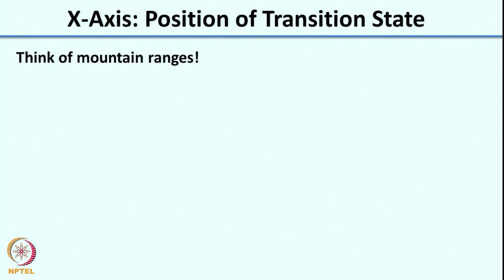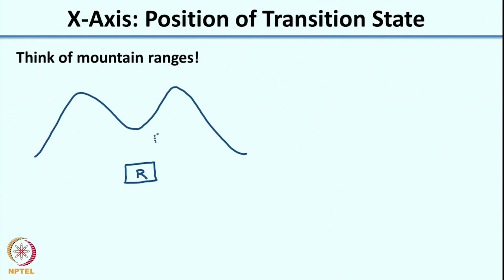So now let us come back to what we were doing in yesterday's class. When you think of a potential energy surface, you can consider a simple example. I told you to think of a mountain range. If you want to go from, let us call this R, to the other side of the mountain range, which I am showing as dots because it is at the back, to your P, you have this big mountain range in front of you.